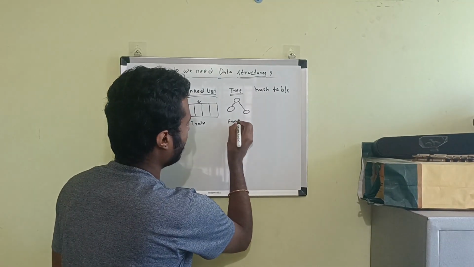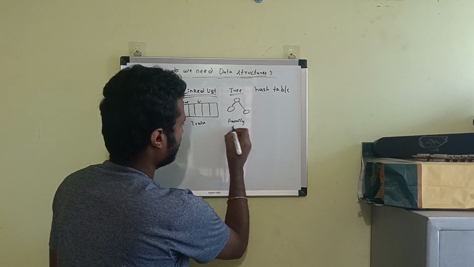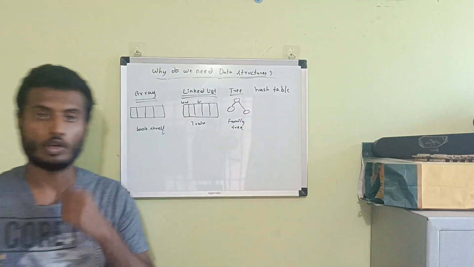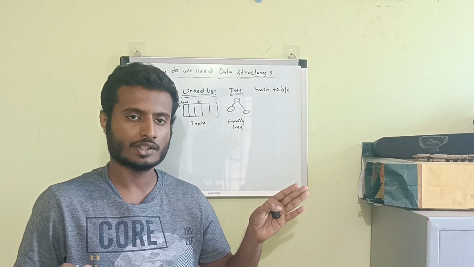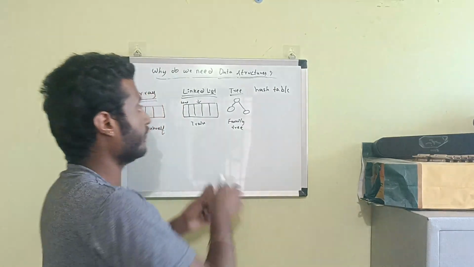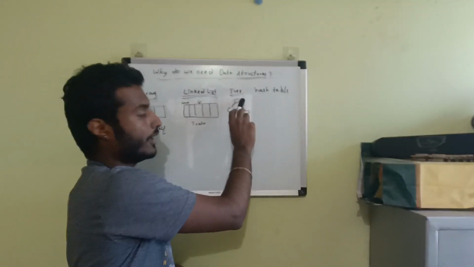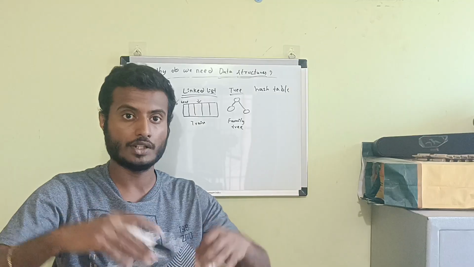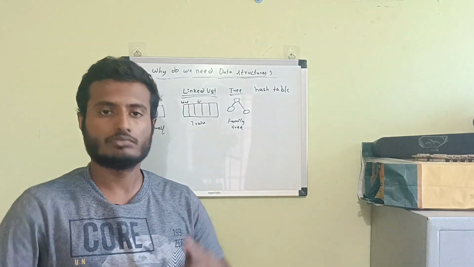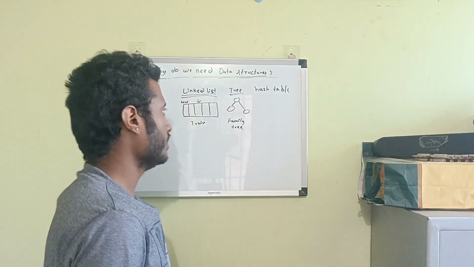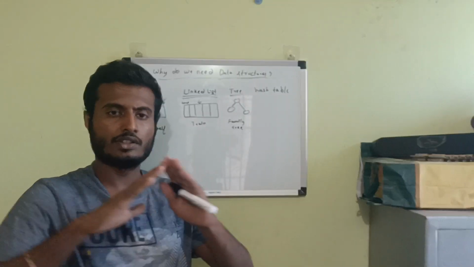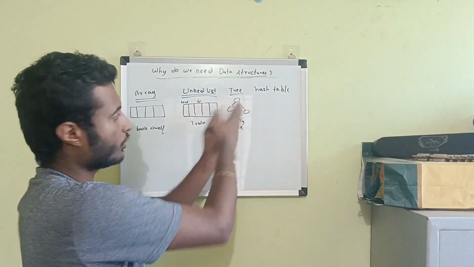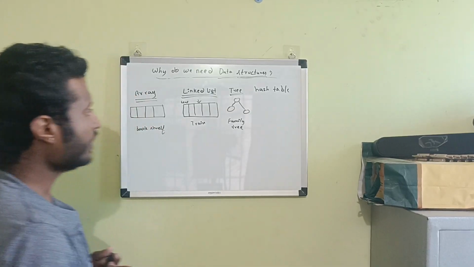I'll write this family tree so that it becomes easy for you to follow. Imagine this is the grandfather. From grandparents, we got our parents. From our parents, we were born. So this is how the tree acts. It's very fun. Whenever there is a relationship branch, we use a tree, right?